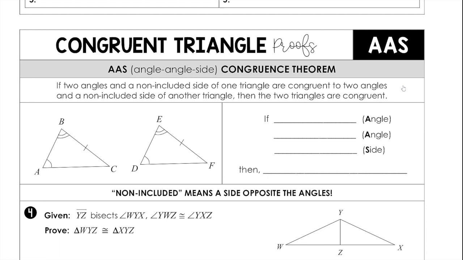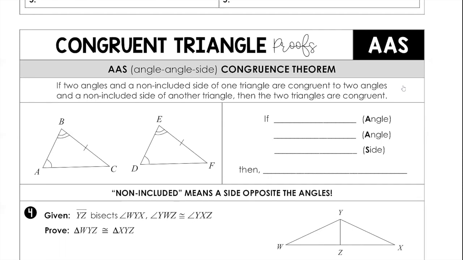Two congruent angles, one congruent side. And what do you think is the difference between angle, angle, side versus angle, side, angle? The side is not included. That's the difference. Our side is not going to be between our congruent angles. It's only going to be touching one of them.